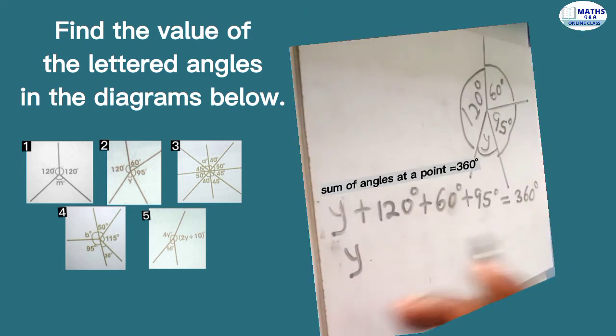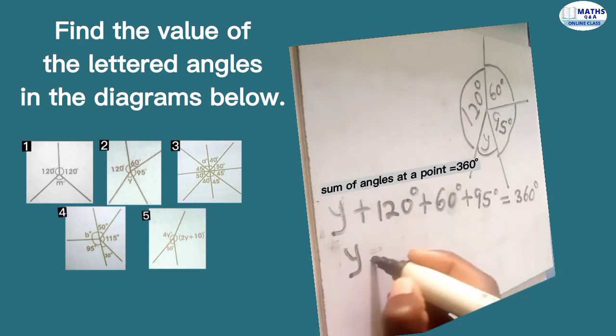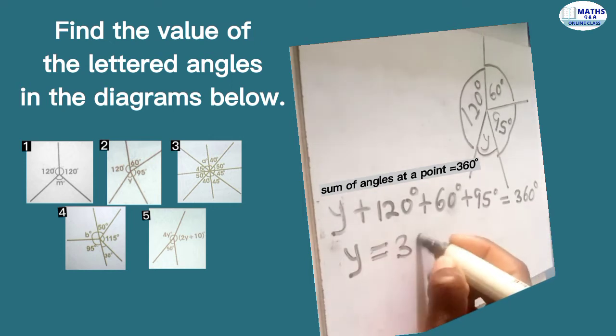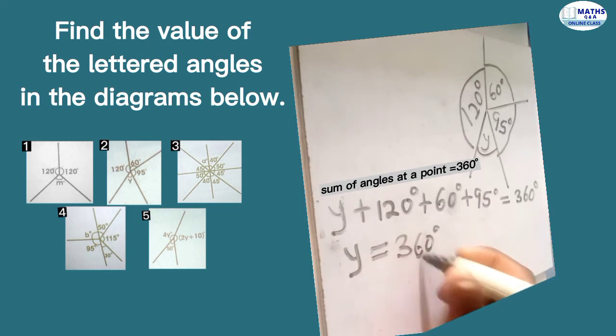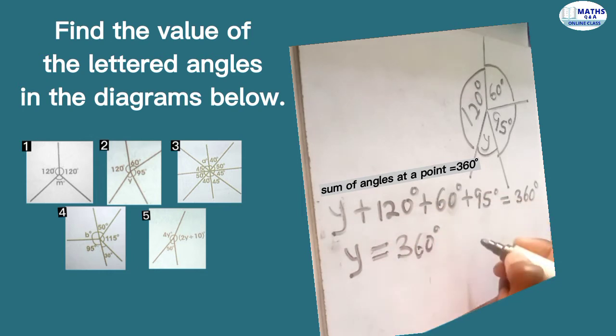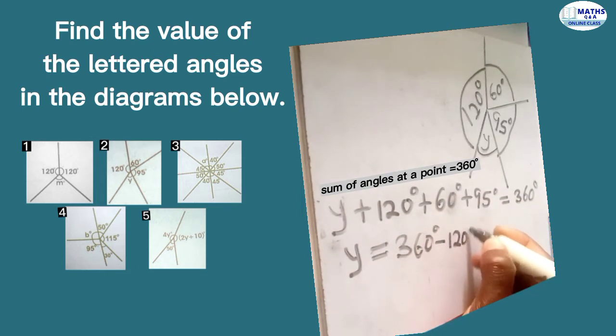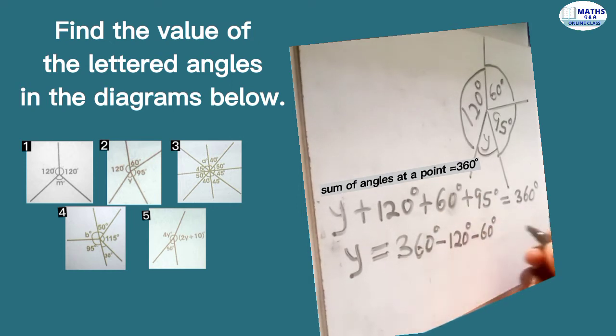We have Y, and we are sending all the constant numbers to the other side, right? So Y is equal to, we have 360 degrees here already. Then since this is positive, and it comes here to be what? Negative. So minus 120 degrees minus 60 degrees minus 95 degrees.